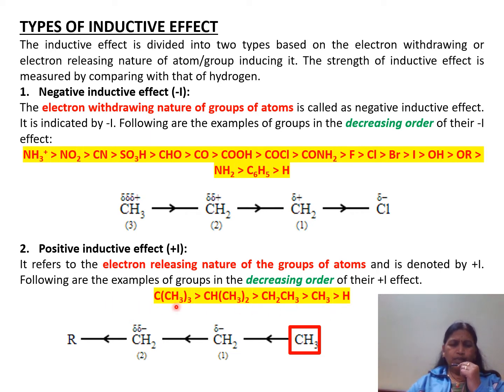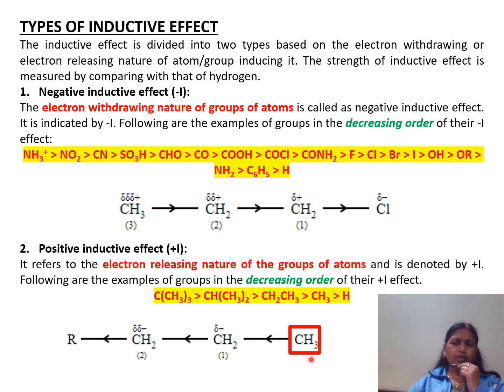There are three methyl groups which are electron releasing groups. There are two methyl groups which are electron releasing. Here is only one, here is only hydrogen, and this is only hydrogen. So suppose this is the methyl group, which we have considered as a substituent.